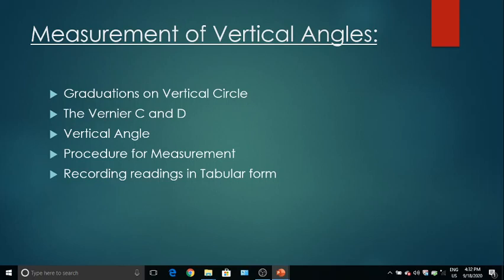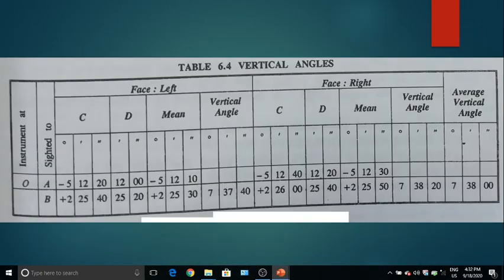Now, as we have taken the readings, let us go to the tabular form and explain how to record the angles. Now, the instrument is at O and sighted to two objects.